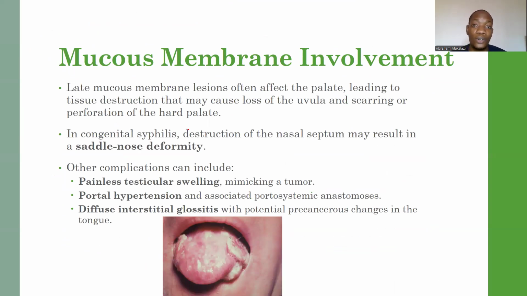Then, when you go to neurocutaneous involvement, late syphilis can manifest with lesions affecting the palate, leading to tissue destruction. Sometimes they can cause destruction of the uvula, scarring, perforation of the hard palate, and all this can occur in tertiary syphilis.